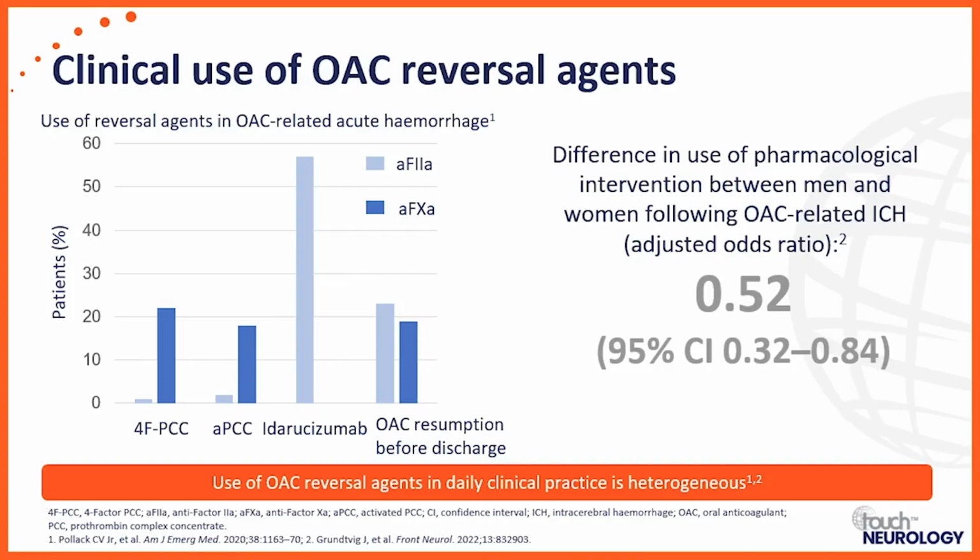If we look at what people are doing in clinical practice, this is very much reflecting the fact that we have very little evidence on what actually works for people. There's only, to my knowledge, one completed and published trial in OAC-ICH with a comparator showing what works best.